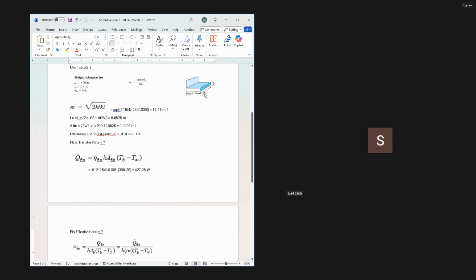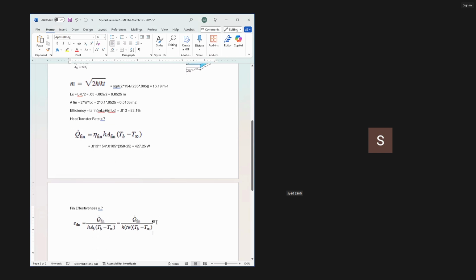So the area of base will be W into T. It is the area of this front surface, and on the back it's exactly the same. So the important thing is that you must put the values. Now, can you put the values there and find out what the fin effectiveness is?